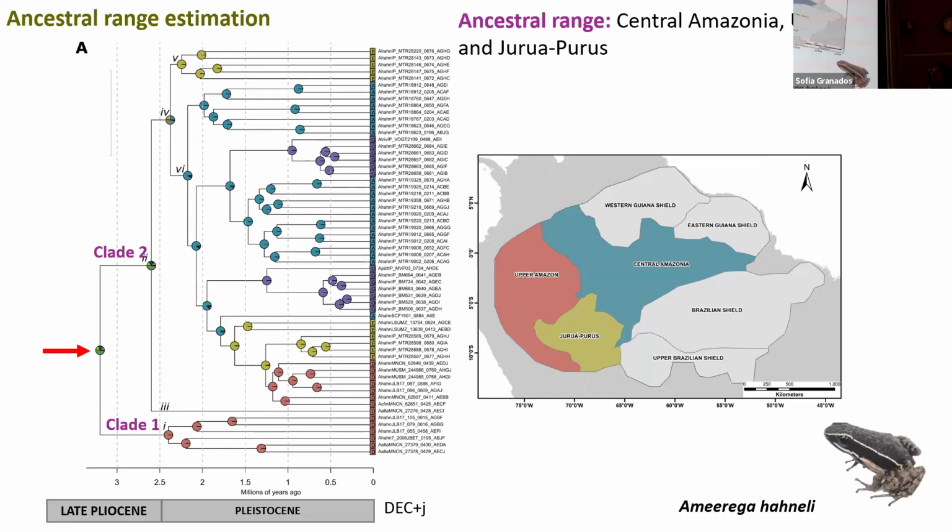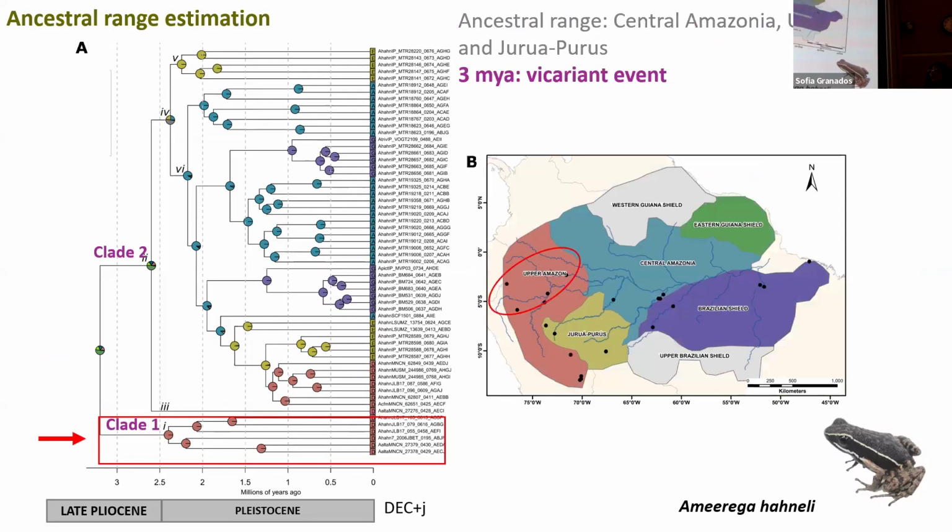After this widely distributed ancestor, we detected a vicariance event as well, where populations here in the upper Amazon bioregion were restricted to this area. This happened around 3 million years ago, and the other clade maintained the ancestral range right here.